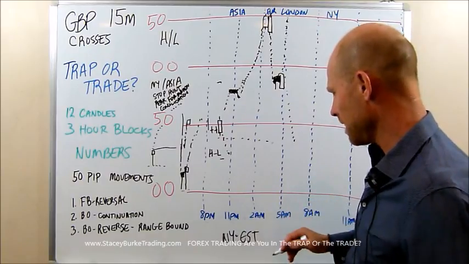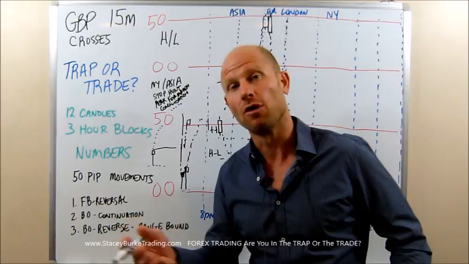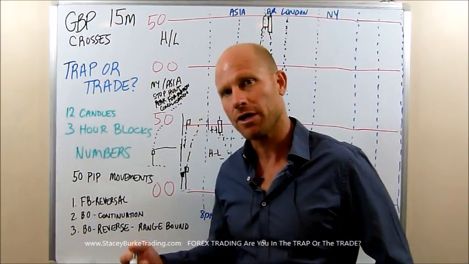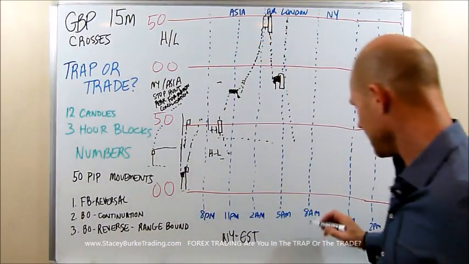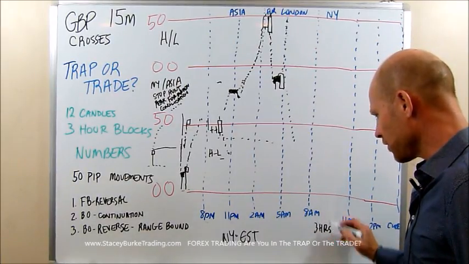London does the same. Once they've maybe put in a new high or a new low point, they've moved it 50 or 100 pips, it will go into consolidation. We've talked briefly about the 7 o'clock stop hunt. So that's that next block of 3 hours before the U.S. session opens.